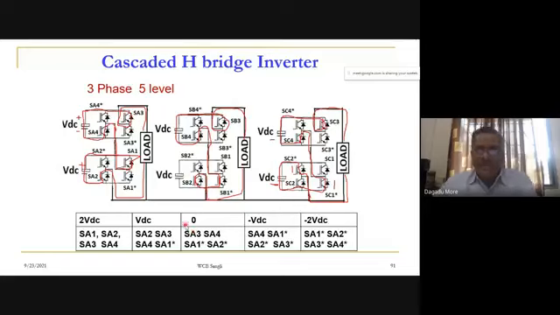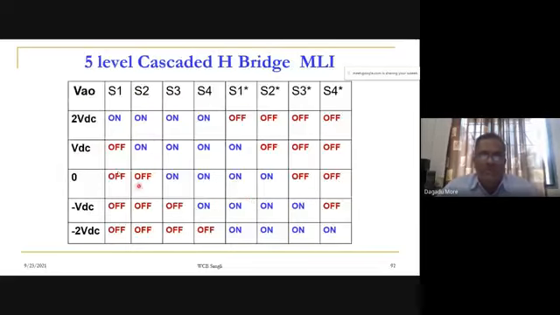So this is the case we have shown here, what configuration is required for switching. And now we can get the table of this. We have SA1, SA2, SA3, SA4 for one leg, and what levels we can get. We have shown here which switch will be on and which switch will be off.